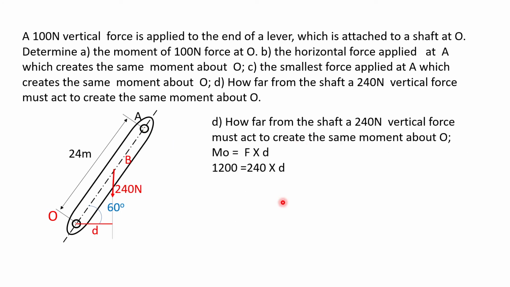So if we replace those values, 1200 Newton meter is equal to the value of force times the perpendicular distance d, so we get this perpendicular distance d. Now we are clear that the force will act in the downward direction anywhere on this particular length.